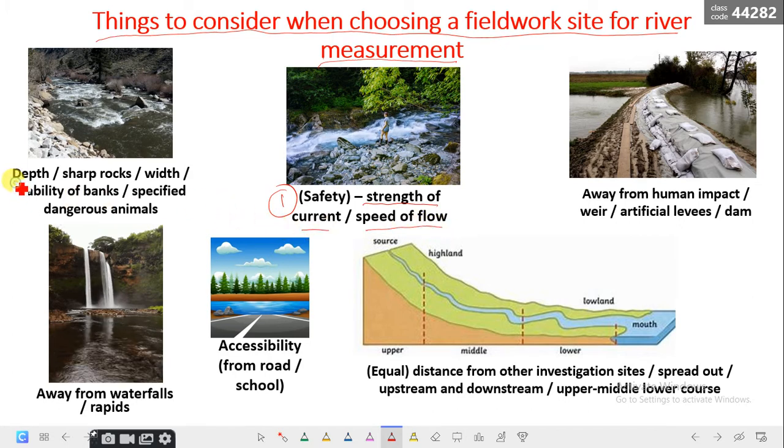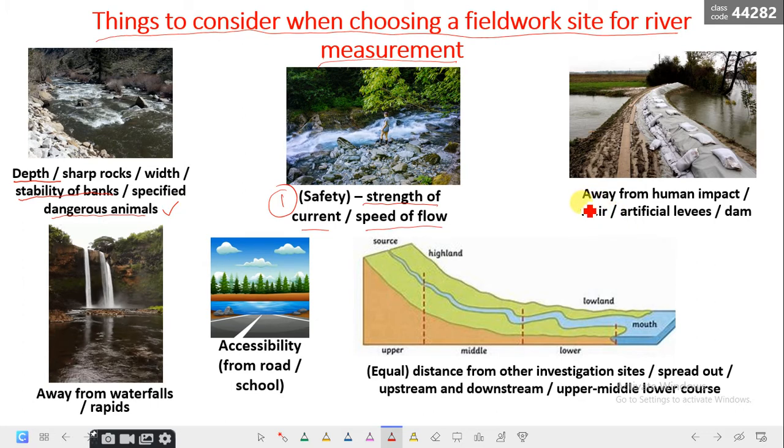You also need to take into consideration the depth, if there is any sharp object, the width, and the stability of the banks, so that you don't take your measurement and the banks of the river collapse because they are unstable. Also consider dangerous animals found within that particular environment. You need to study it before moving into such a vicinity to carry out fieldwork.